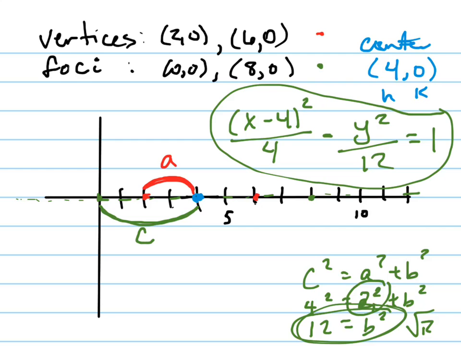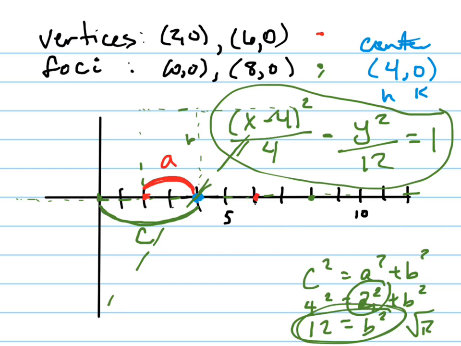B squared is 12, so the square root of 12 is between 3 and 4. So you're going to go up between 3 and 4. And your lines are going to go through like that.